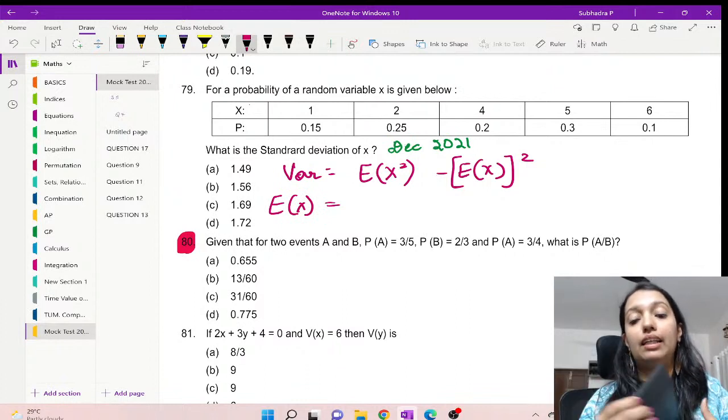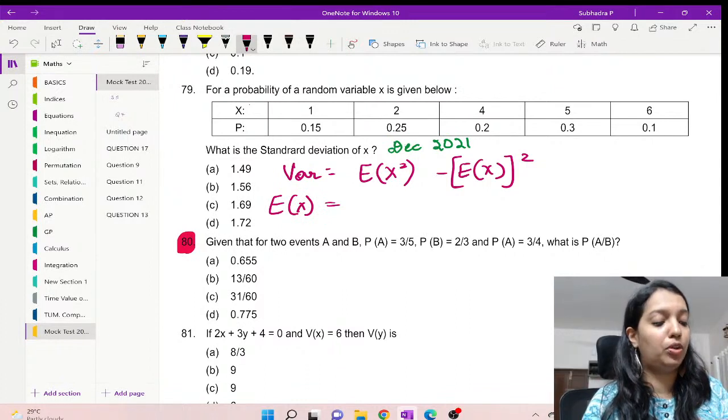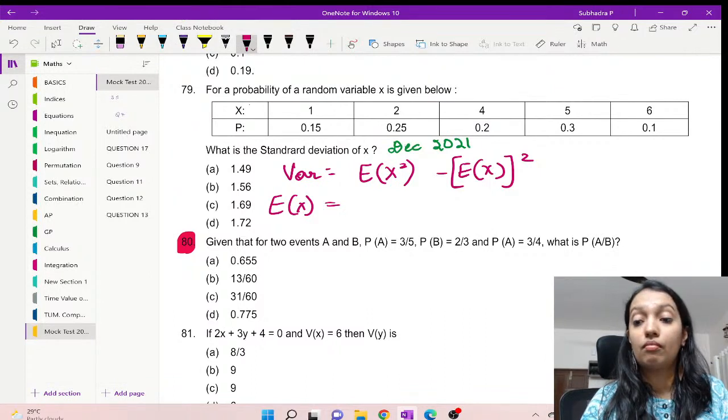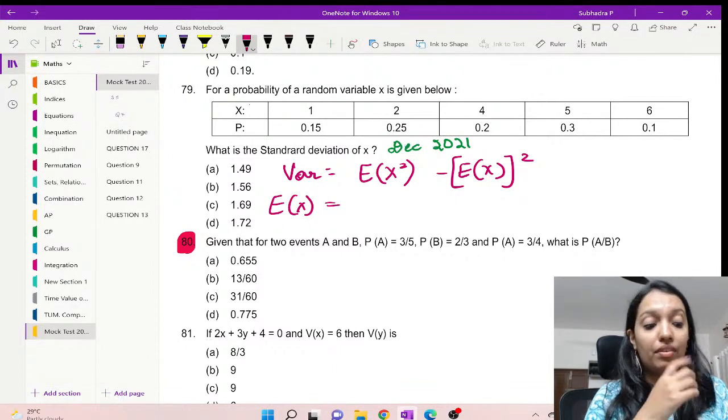Take your calculator. 1 into 0.15, plus 2 into 0.25, plus 4 into 0.2, plus 5 into 0.3, and 6 into 0.1, whatever answer you will get.